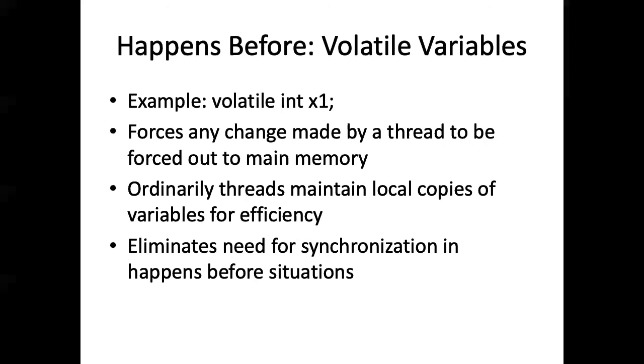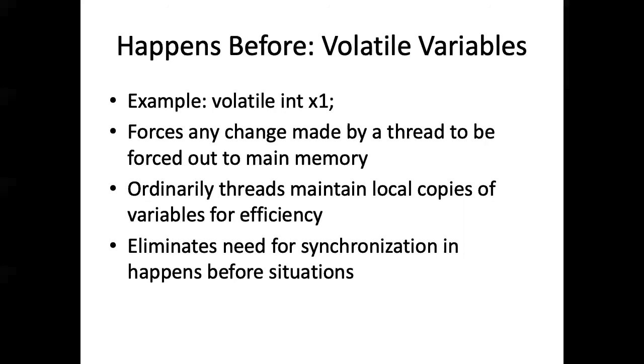So you should know that volatile variables are sometimes used to try to enforce a happens before relationship. But the only thing it's really ensuring is that as soon as a variable is changed, that change is visible to all other threads. That's all it's doing.